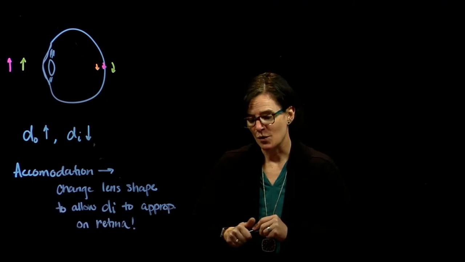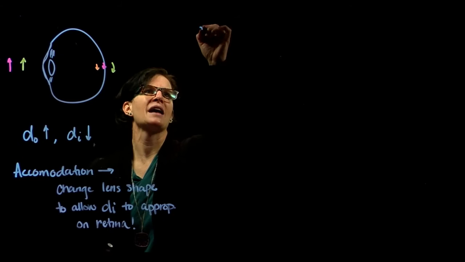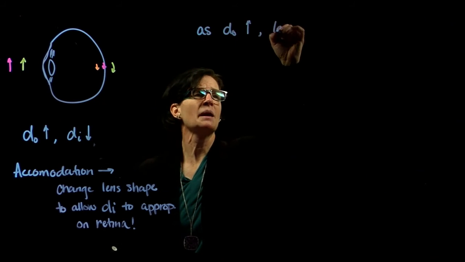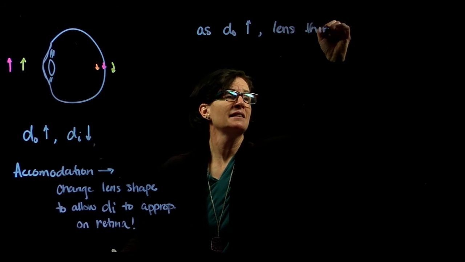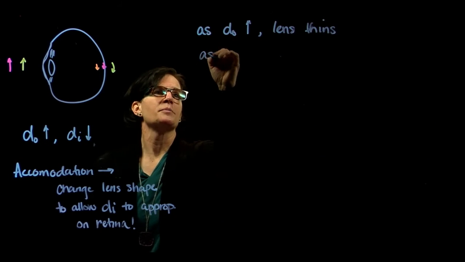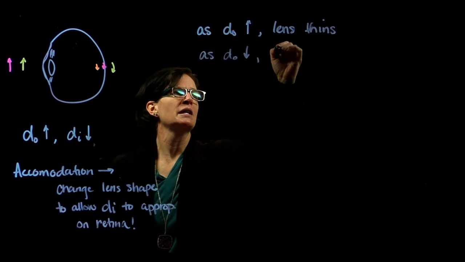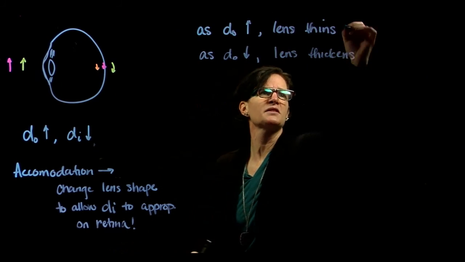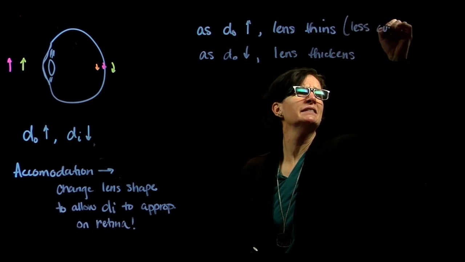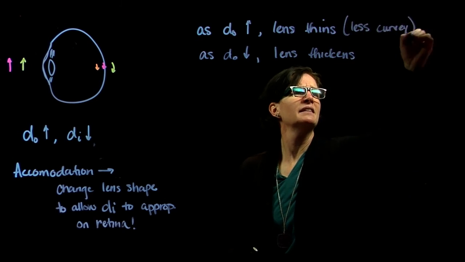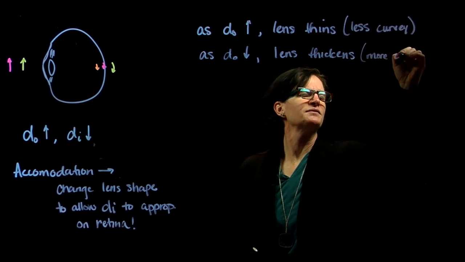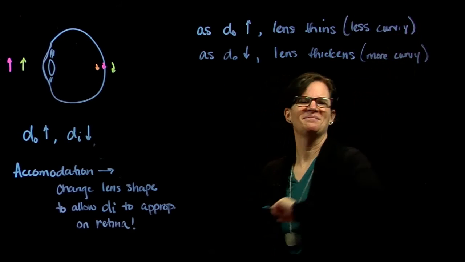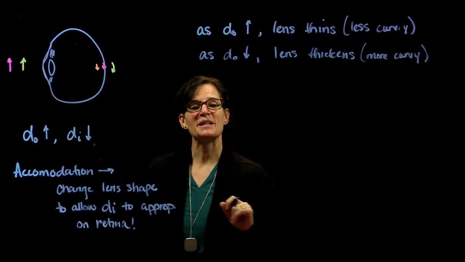And just to recap, as objects move away, my lens thins. As objects move closer, my lens thickens. So this is less curvy, and this is more curvy. All right, so that's what accommodation does.